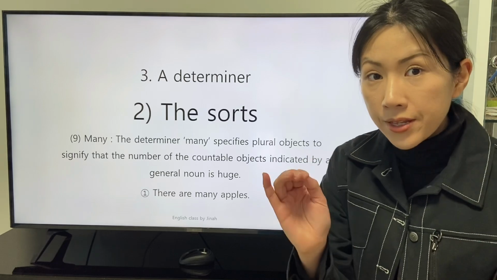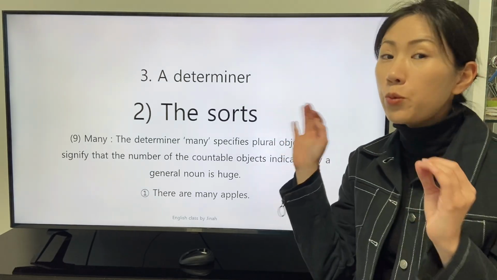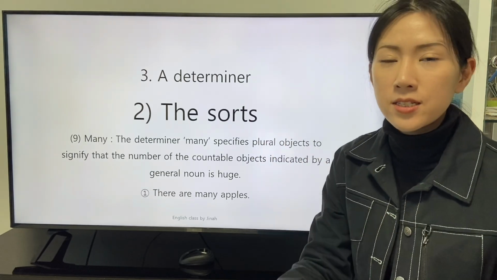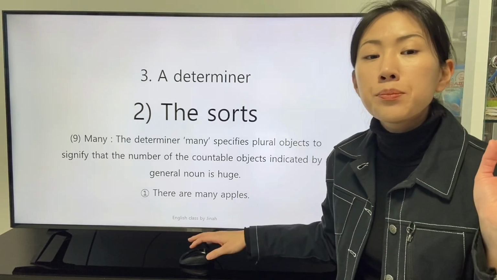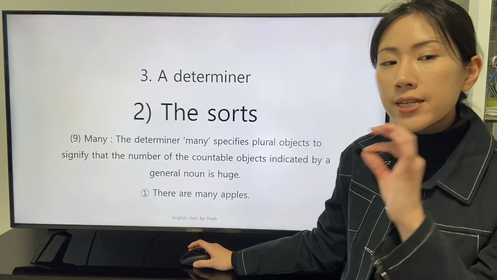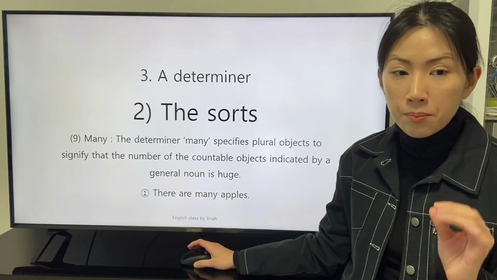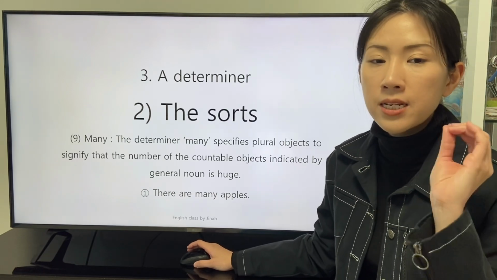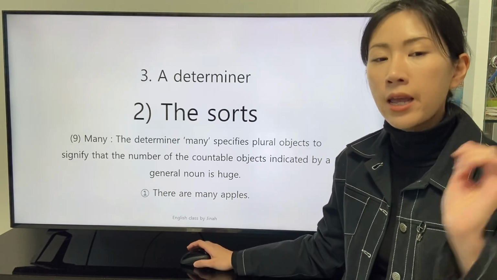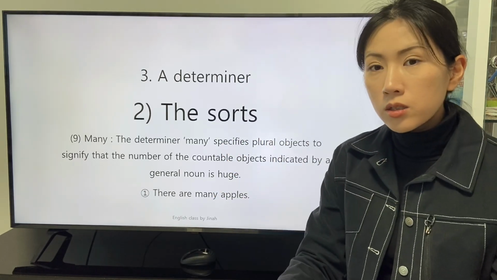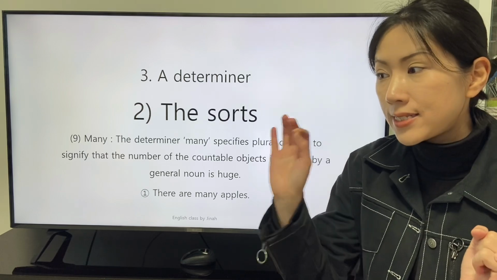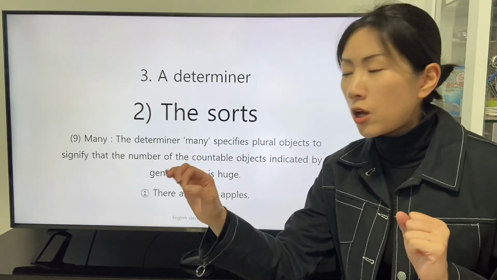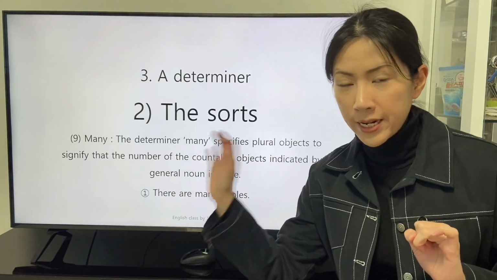The 13th determiner we will deal with in this class is the determiner many. The determiner many specifies plural objects to signify that the number of the countable objects indicated by a general noun is huge. The determiner many also specifies the object with the number of the object.